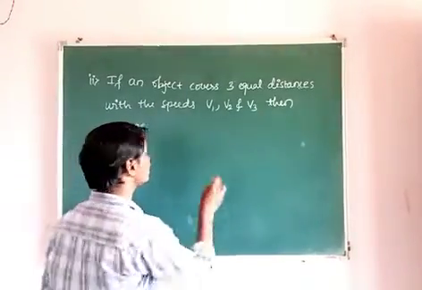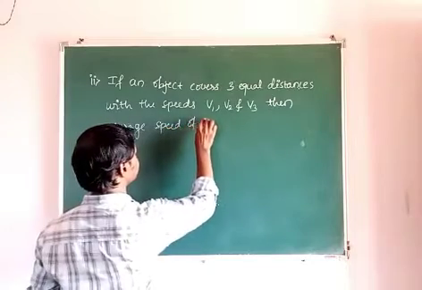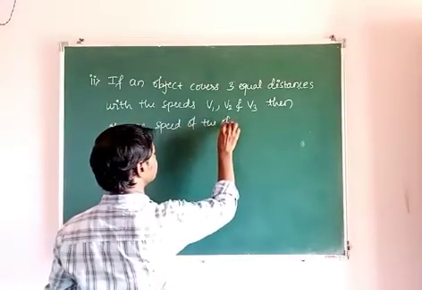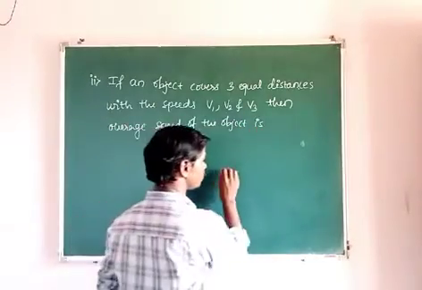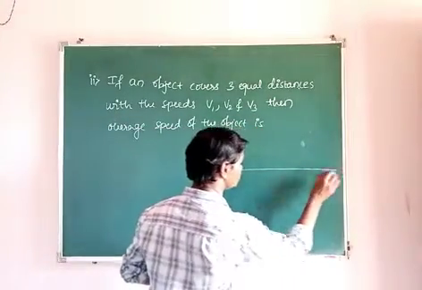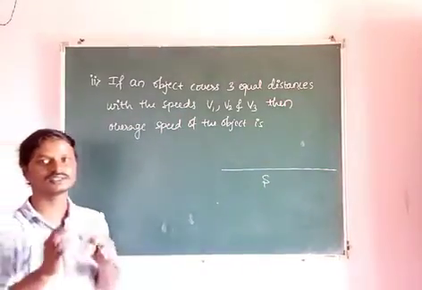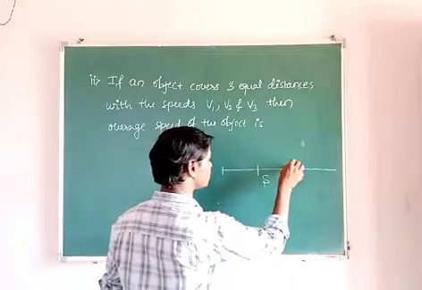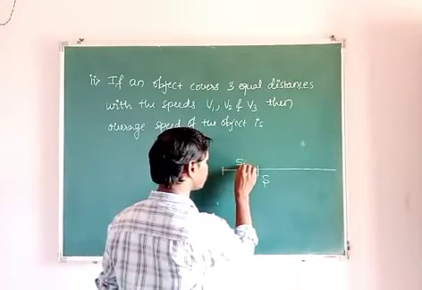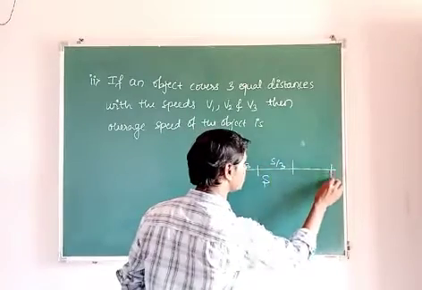Okay, then the average speed of the object is, see here, this is the total distance, that is S. This total distance can be divided into how many equal parts here? Three equal parts, S by 3, S by 3 and S by 3.